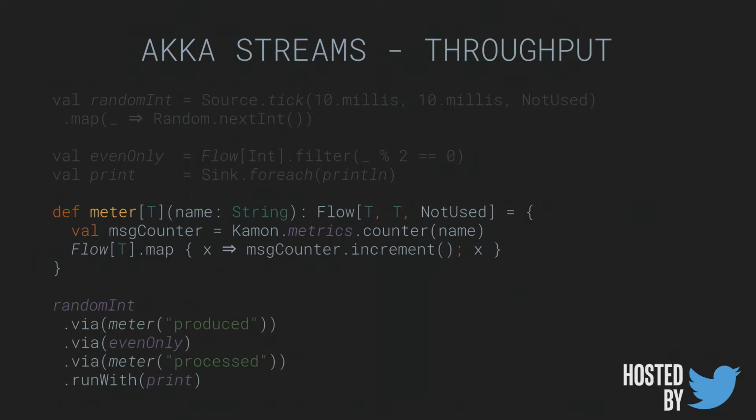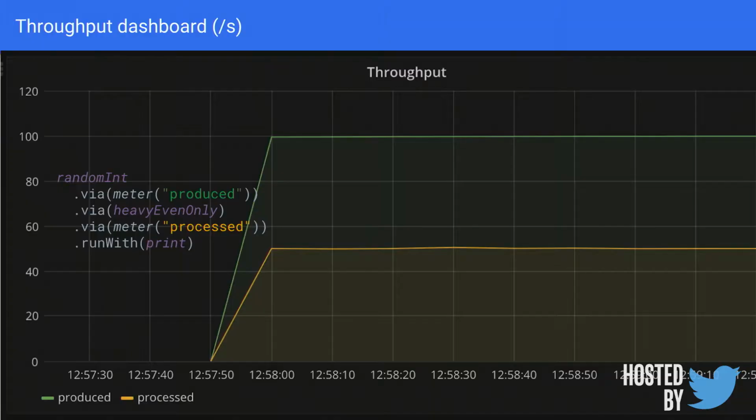We can now place these transparent flows wherever we want in our pipeline and give them meaningful names so that we can track them in whatever backend monitoring system you have. The key thought is that these are completely generic and will work by being plugged in whatever Akka Streams graph you have, and this is, of course, courtesy also of Akka Streams graph stage composability.